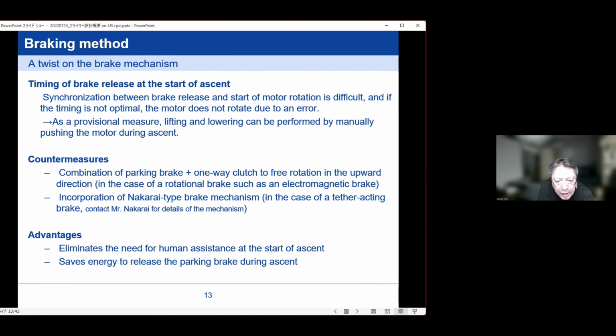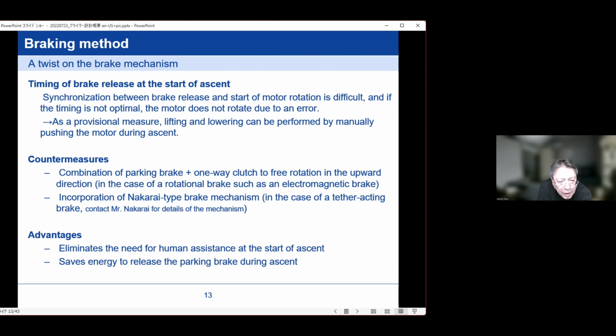As I was just introducing, if the brake is released too early, the motor will be overloaded and it will not be able to start. But there is also the method of releasing the brake and pushing it manually when starting the climb. But if the climber is heavy, this can be quite difficult. So this is just a temporary solution.